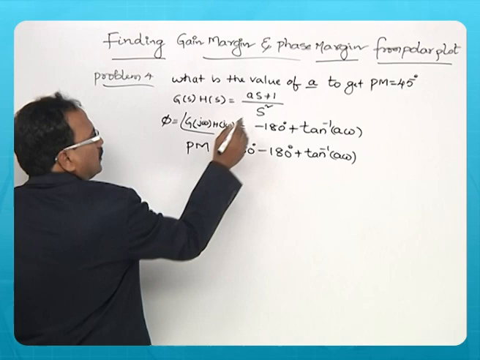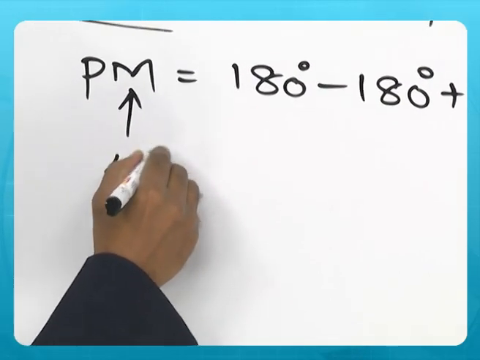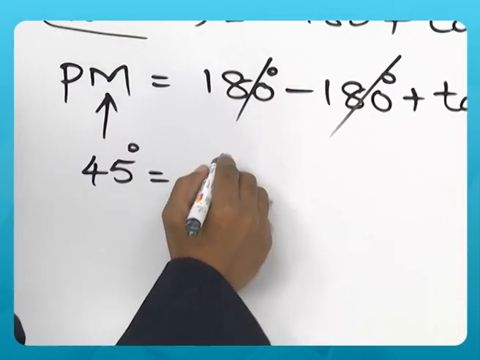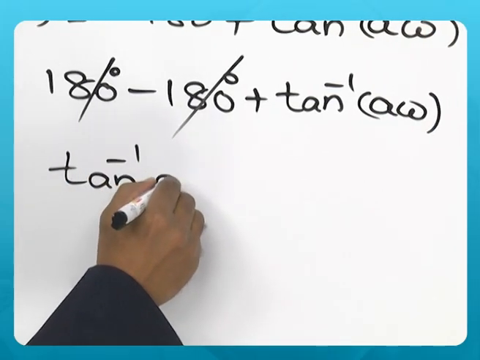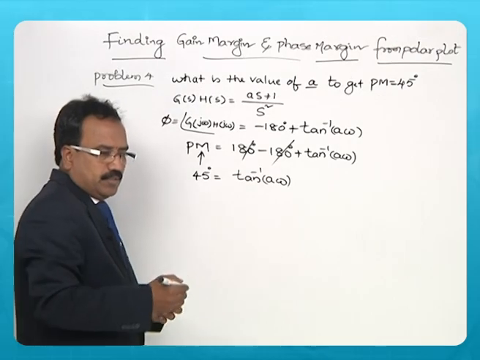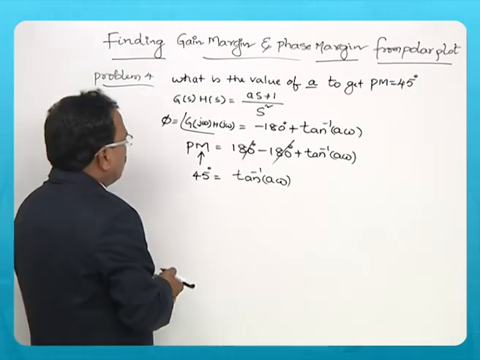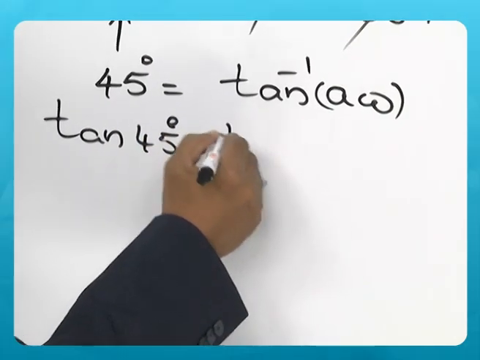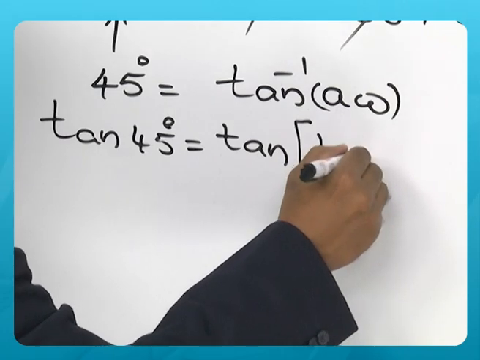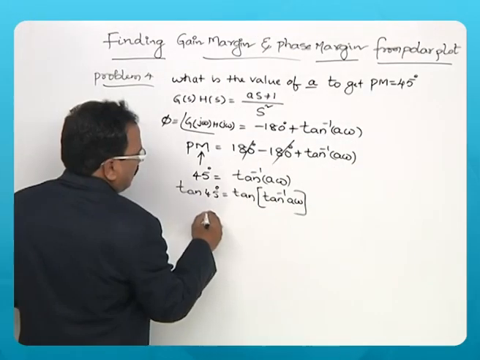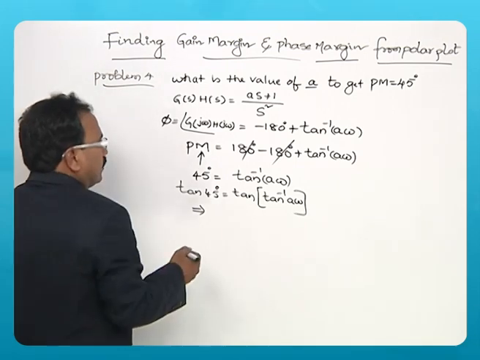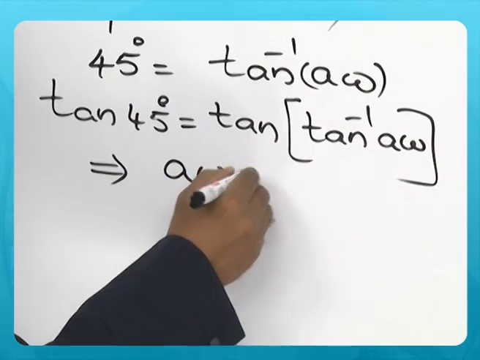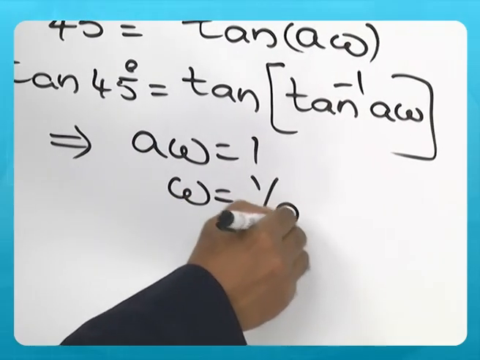This phase margin is given in the problem as 45 degrees, and the 180s cancel each other out, so it is equal to tan inverse a omega. Now if you apply tan, tan 45 is equal to tan of tan inverse a omega. Tan 45 is 1, so tan of tan inverse a omega is equal to 1. So omega equals 1 by a.